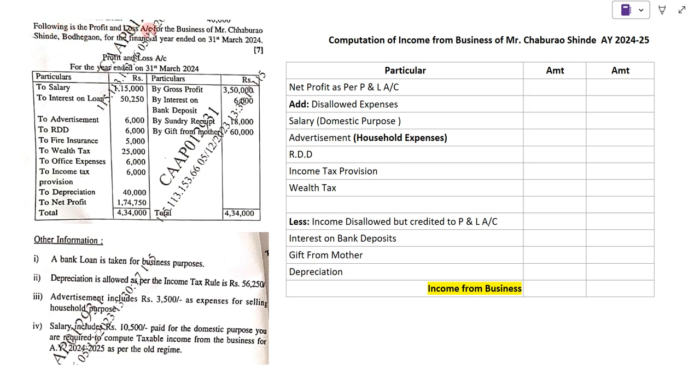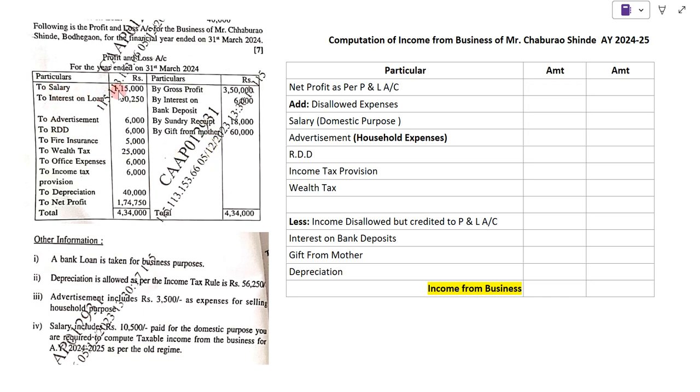Following is the profit and loss account for the business of Mr. Chambu Rao Shinde for the financial year ended on 31st March 2024. So this is the profit and loss account of Mr. Chambu Rao. To the debit side, these are the particulars. To the credit side, these are the particulars.